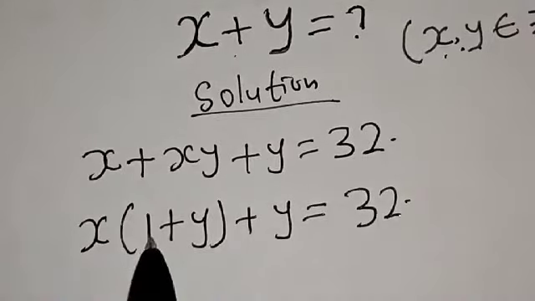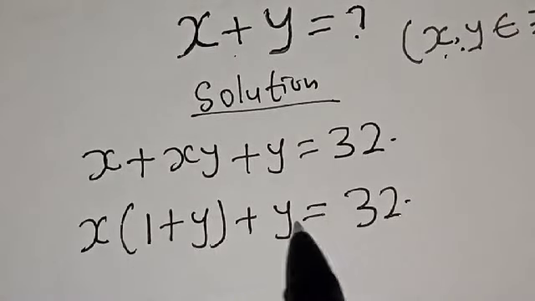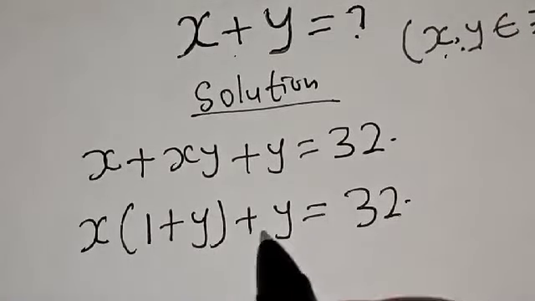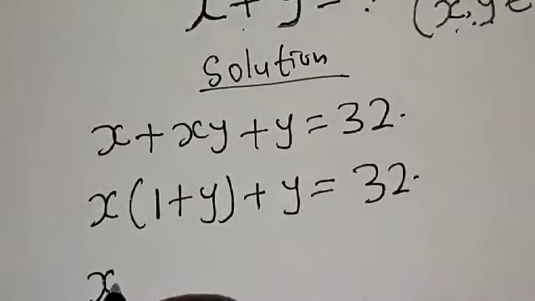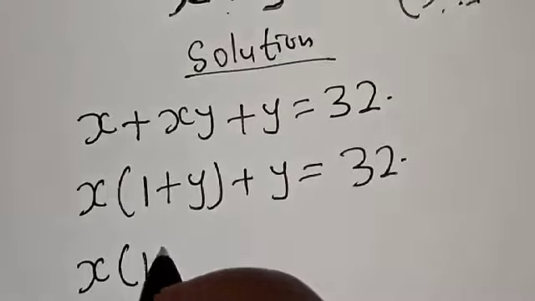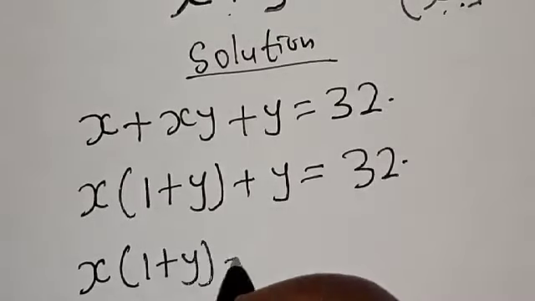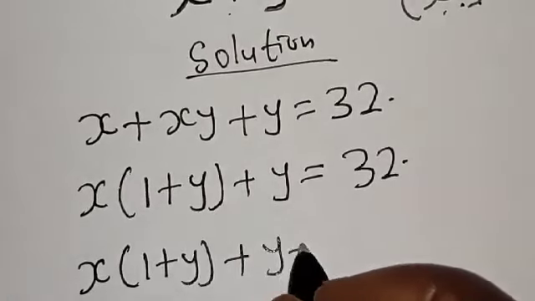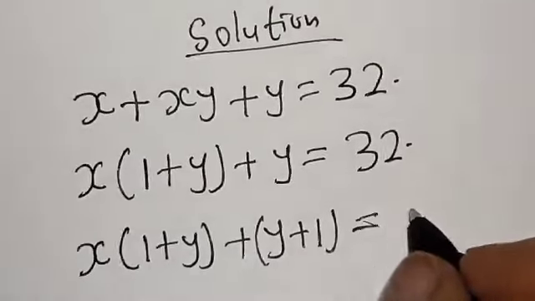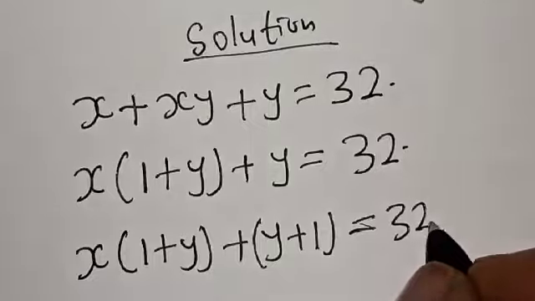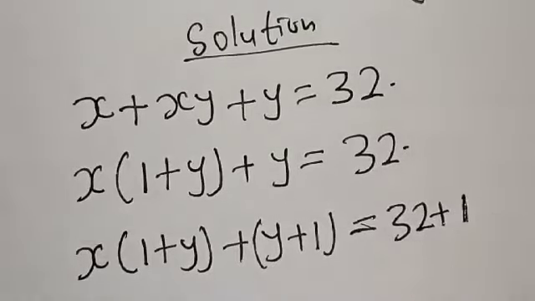Now here we have 1 plus y, and here is y, and this is x outside. Then we can add 1 to both sides. That is x into 1 plus y plus 1 is equal to 32 plus 1.